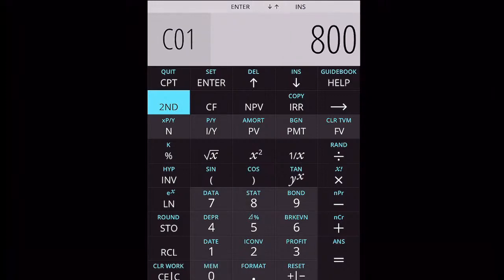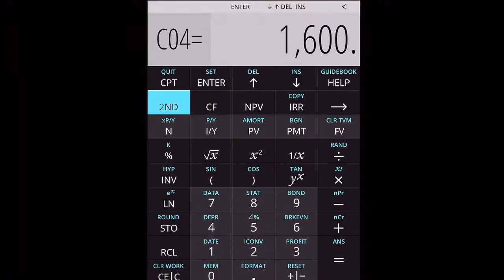Then 800, enter, scroll down. 900, enter, scroll down. 500, enter, scroll down. And 1600. Nice big return at that point. So I've put them all in.